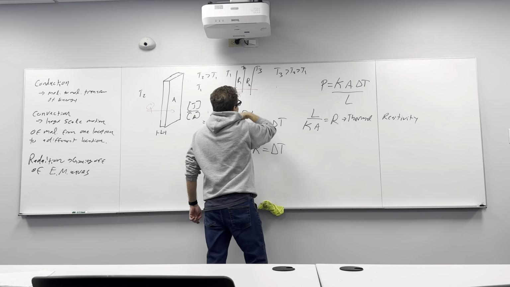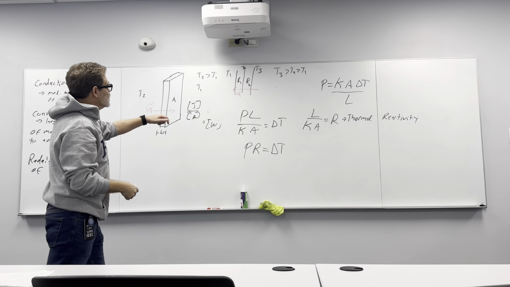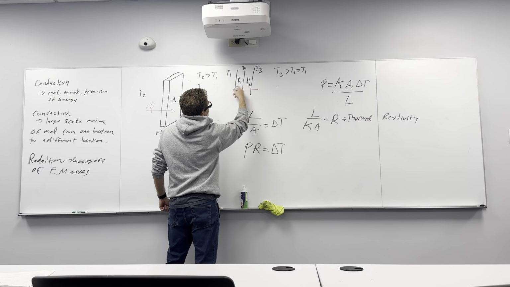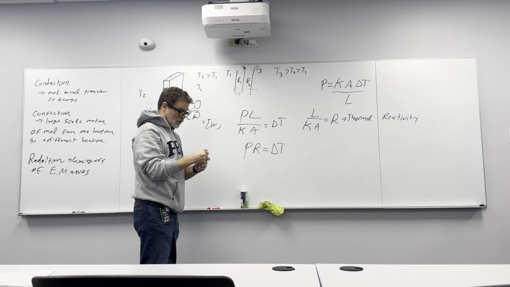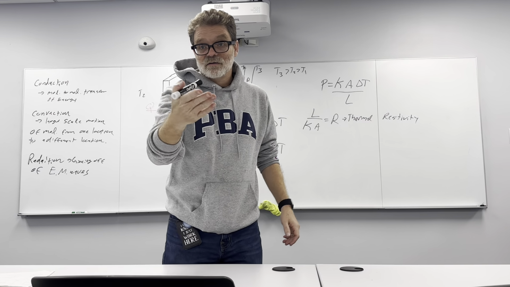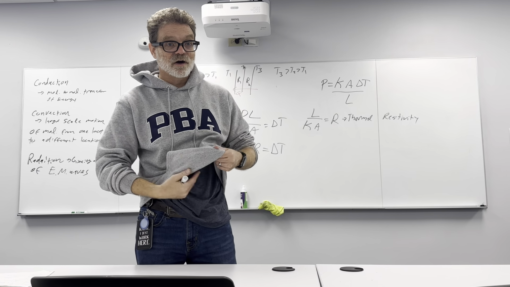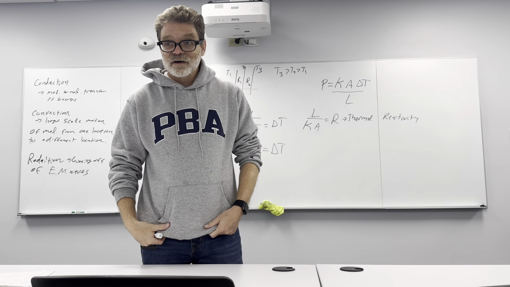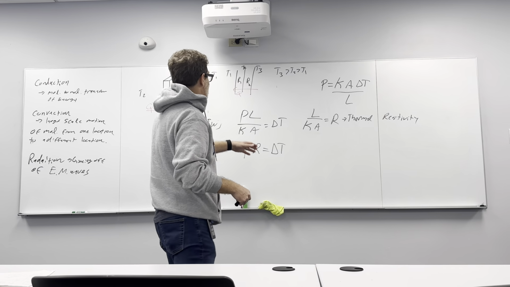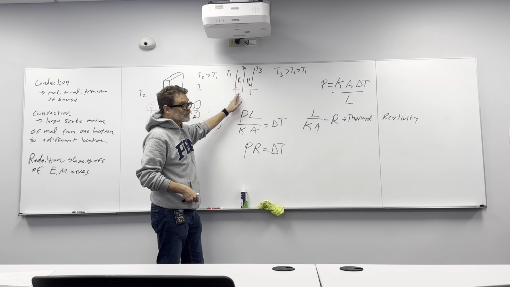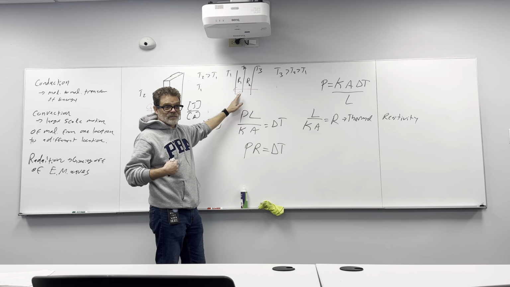T1, I just picked to go from left to right instead of right to left, but you get the idea. So heat's flowing through these two materials. So this morning it was cold out, right? 57, so what do I do? I put on a t-shirt, and then I put on a sweater, right? And so I'm doing this. I have one layer of material and another layer of material, right? I'm insulating. Does that make sense, everybody?